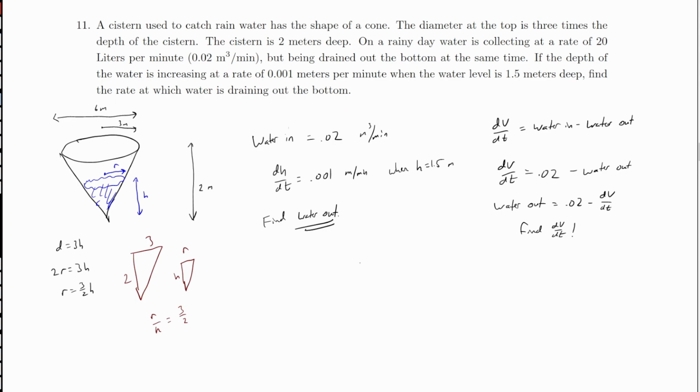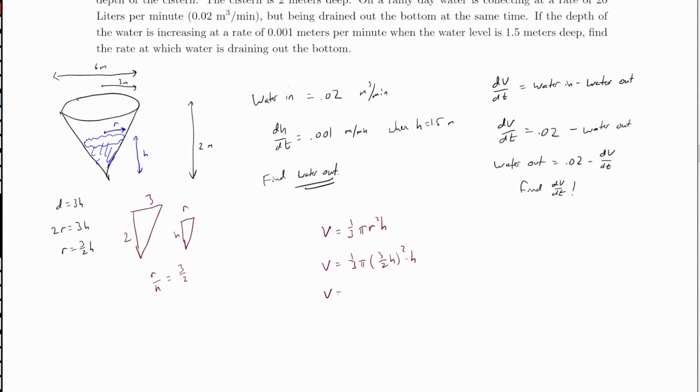All right, so this is a cone. I have a relationship between volume and radius and height. Volume is 1/3 pi r squared h. And I'm told dh/dt. I want to find dV/dt. I want to get rid of r. I'll use my relationship: r is 3/2 h. So I replaced the r with 3/2 h, and now I'm going to simplify. 3/2 squared gives me 9/4. h squared times h gives me h cubed.